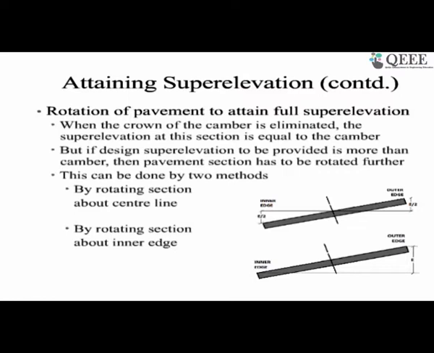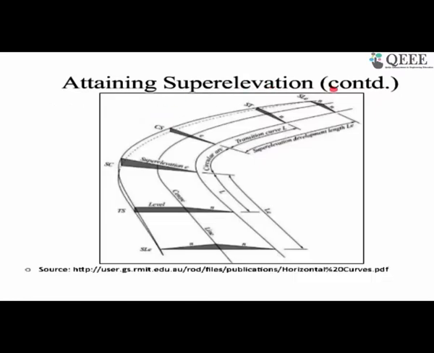Now let's look into the overall highway, how we are attaining this. Here you can see the curve, and as I told you, between the curve and the tangent portion there is a transition curve. In the transition curve, the super elevation is added. In the tangent portion you have a camber like this, whether it is going to be a straight line or parabolic.